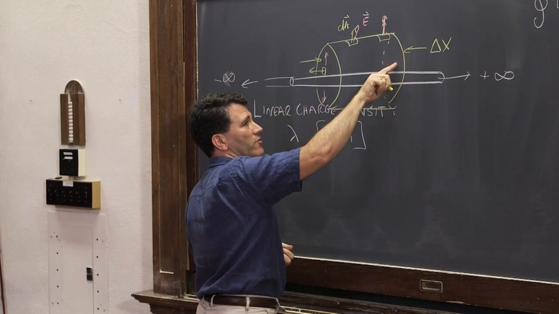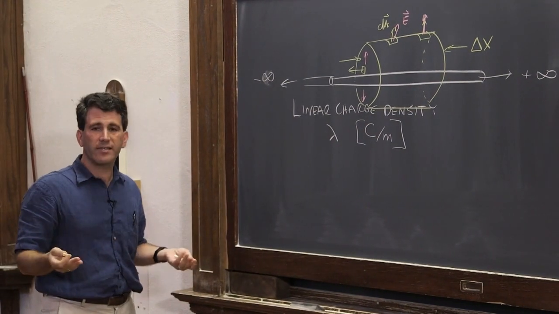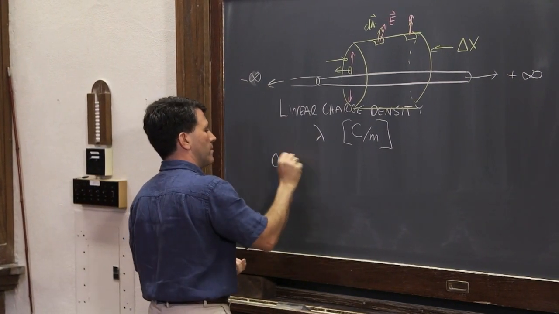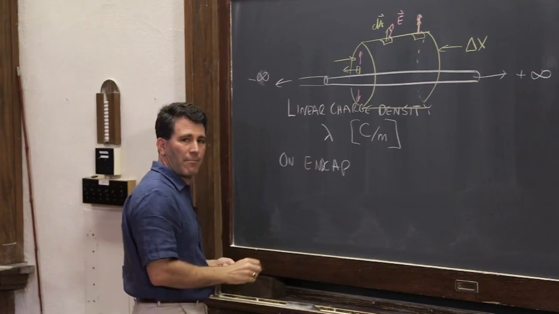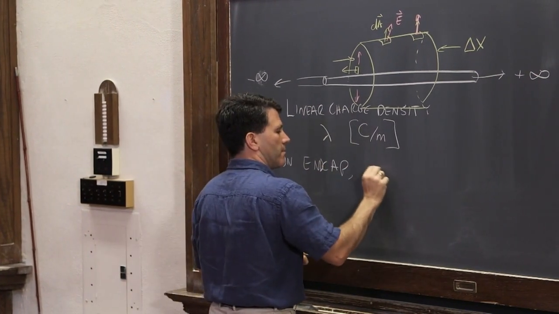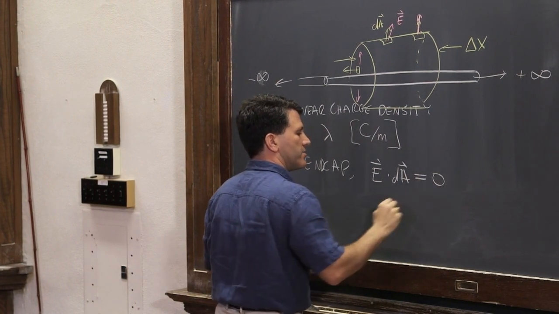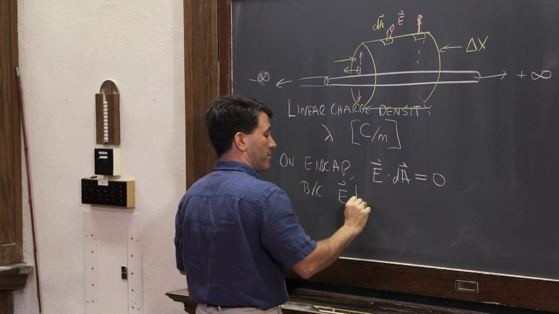If we were on the other side, it would be pointing in the positive x direction. And we can just look at this and see by inspection that on the end cap, E dot dA is 0 because E is perpendicular to dA.